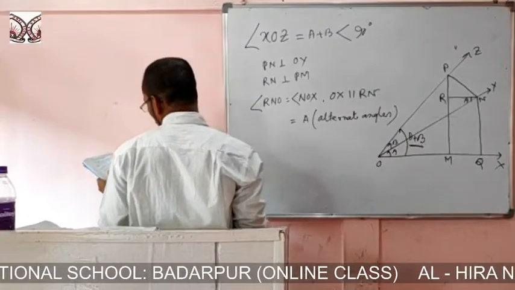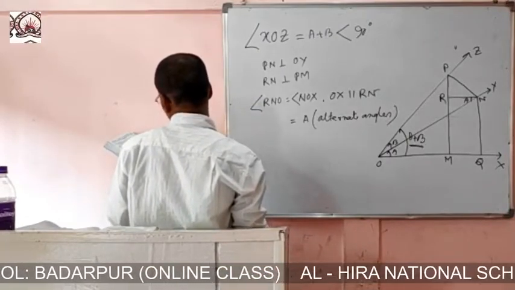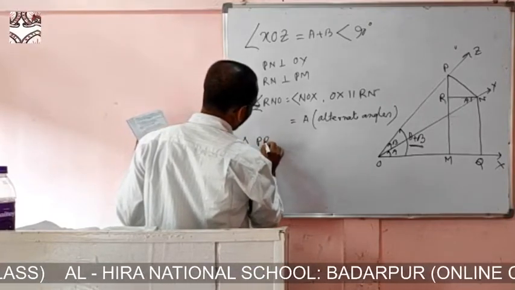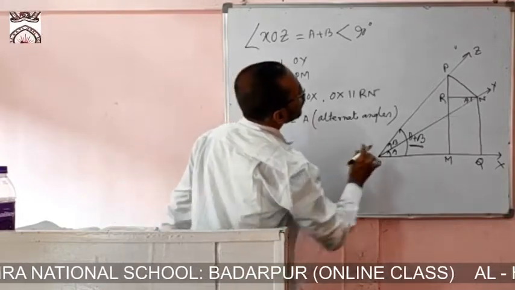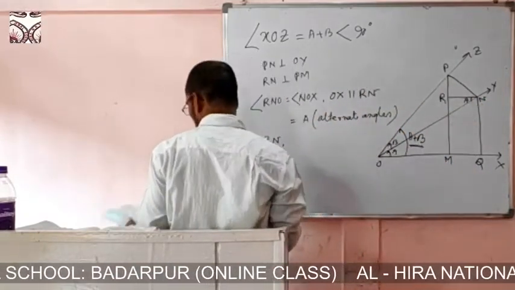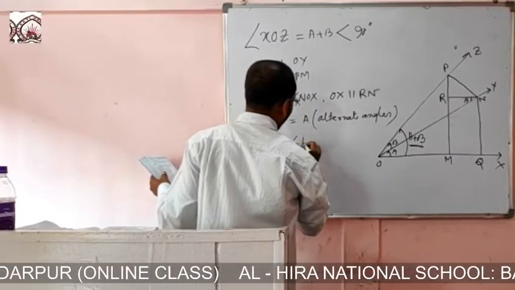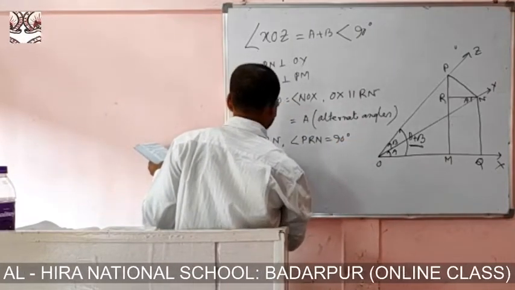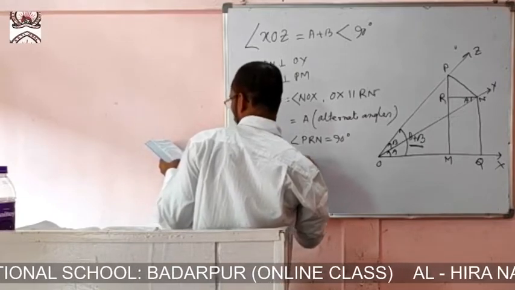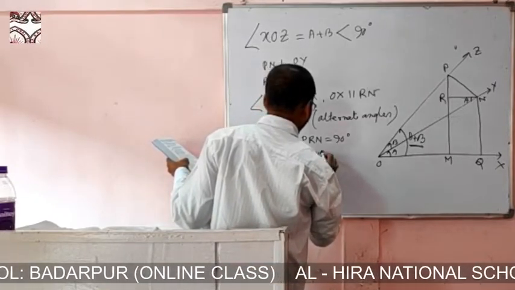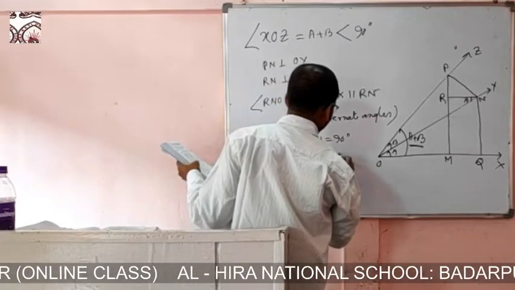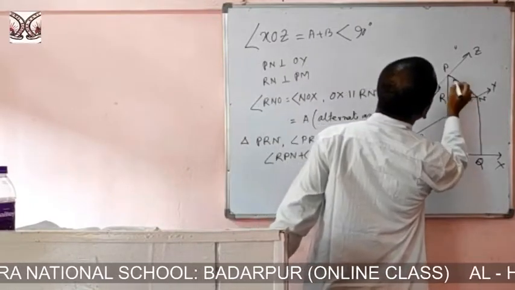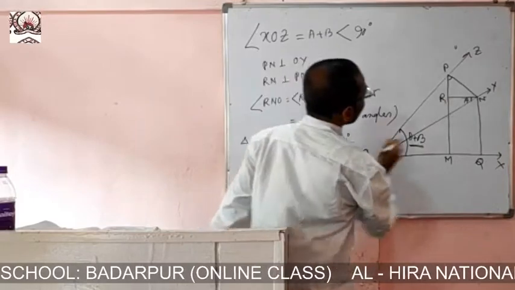Alternate angles. So we can say now in triangle PRN, angle PRN is equal to 90 degrees, and then angle RPN plus angle PNR is equal to 90 degrees. This we call equation 1. RPN is this angle, and PNR is this angle.